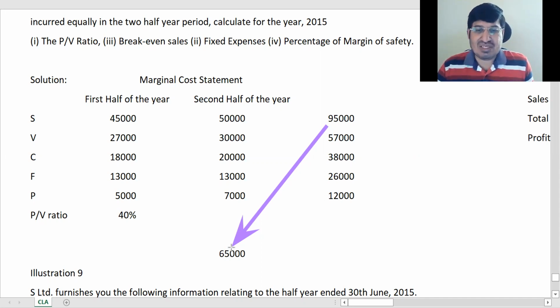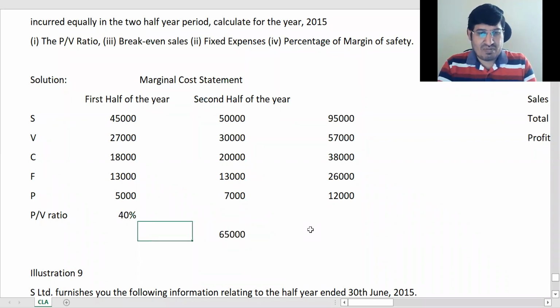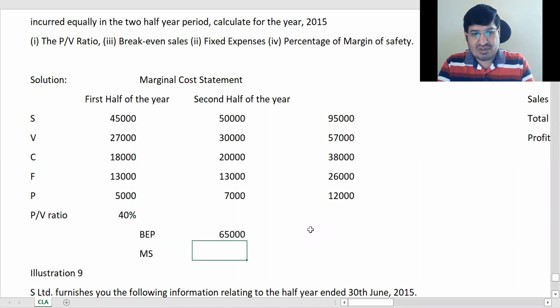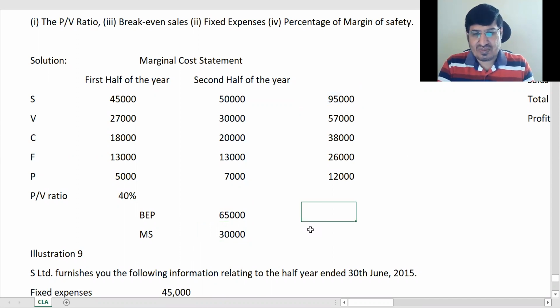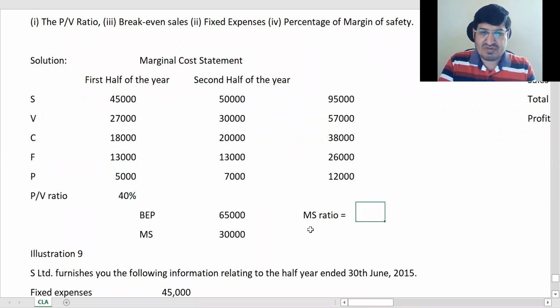Now, how do you find margin of safety ratio? So MS is 95,000 sales minus sales at BEP. I'm just writing directly. MS ratio equals margin of safety upon sales.